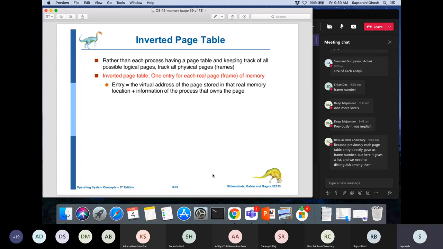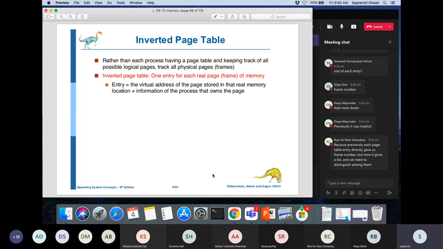And the entry will be the virtual address of the page. Till now, in the page tables, we always stored physical addresses, actual frame numbers. But now we will store the virtual address, plus the information of the process that owns that page.